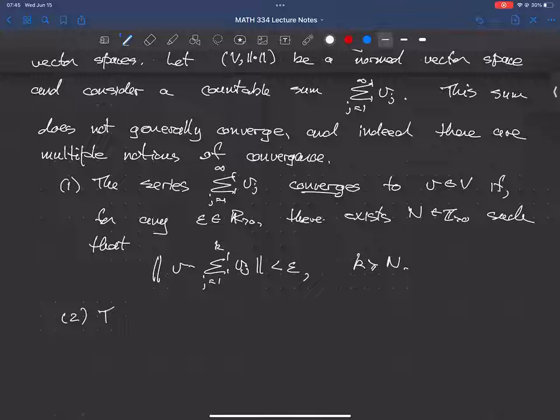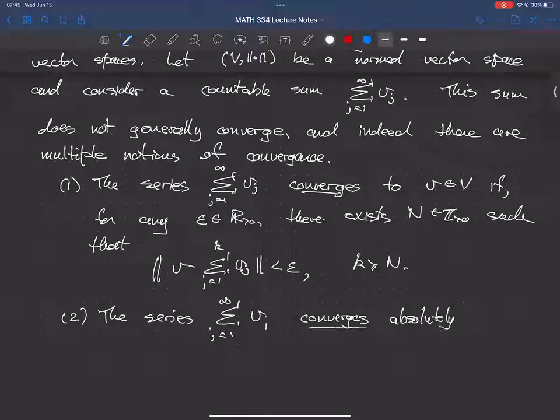All right, so the series converges absolutely if the series of norms, so this is now just a series of real numbers, positive real numbers, no less, converges.